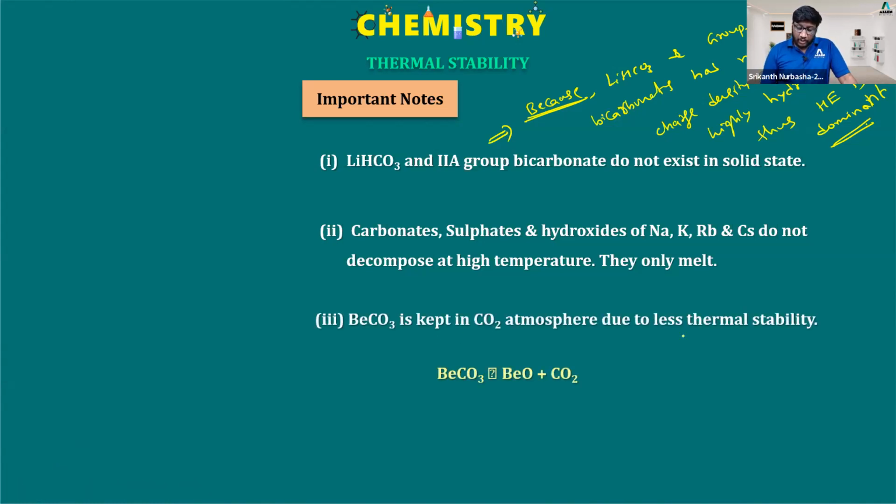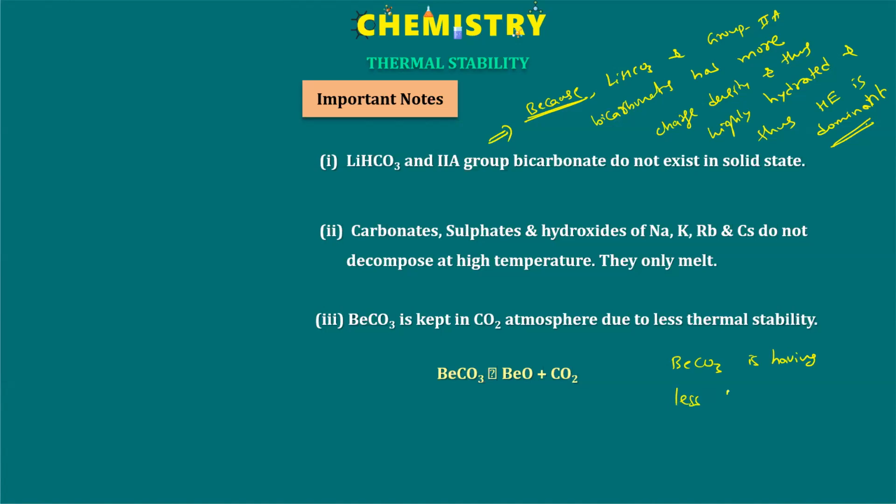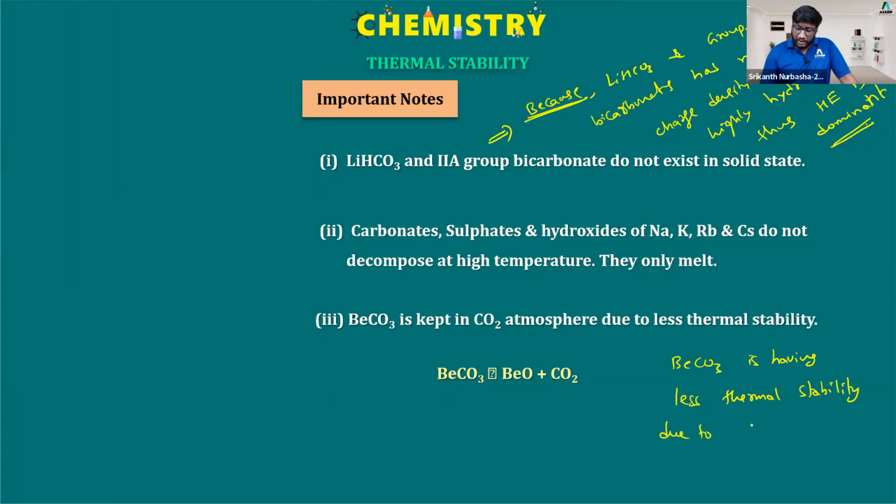BeCO3 is kept in a CO2 atmosphere due to less thermal stability. Why is it less thermally stable? BeCO3 has less thermal stability due to more covalent character, high polarizing power. Because with respect to polarizing power only, we will compare all the thermal stability.